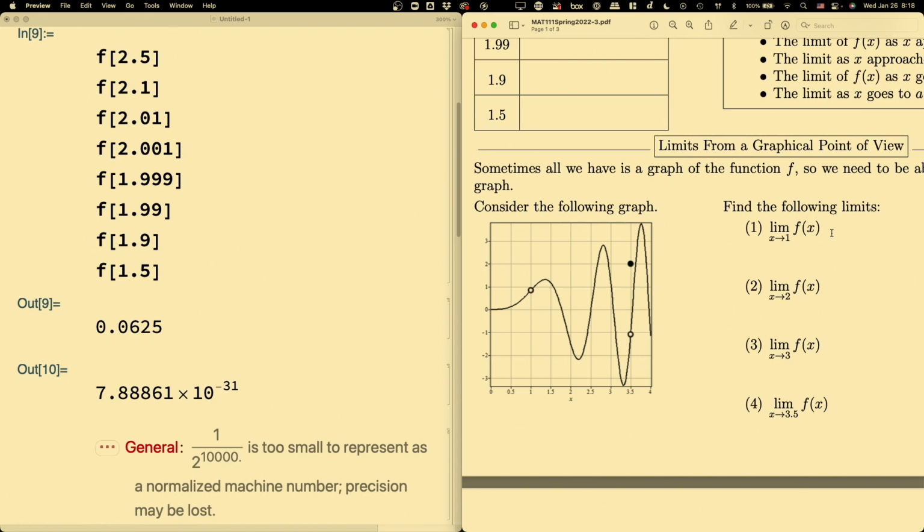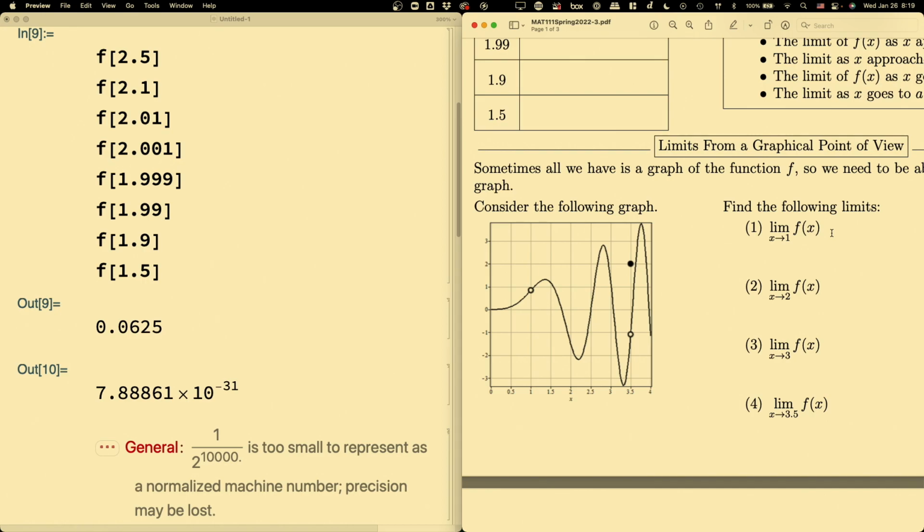So the hole is at a y value of about -1, right? And if there weren't that dot up there at 2, what would f of 3.5 be? Undefined, okay? But because there is a dot, it is defined, and it's defined to have the value 2, which is the y value of the dot. Okay, so are we clear on that?